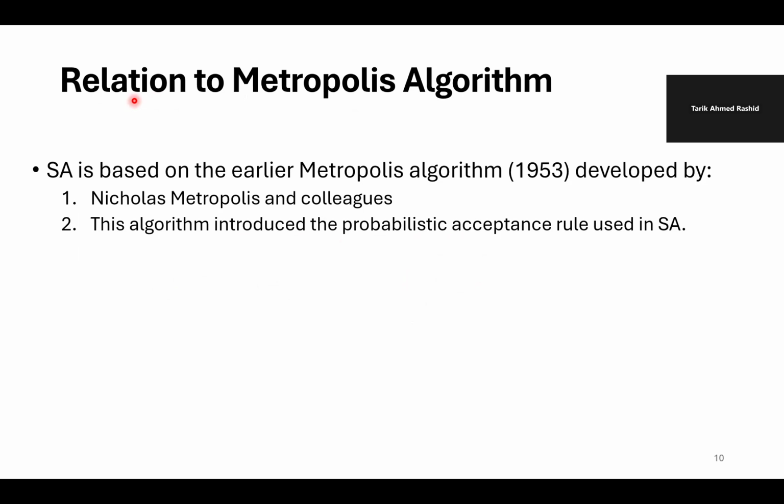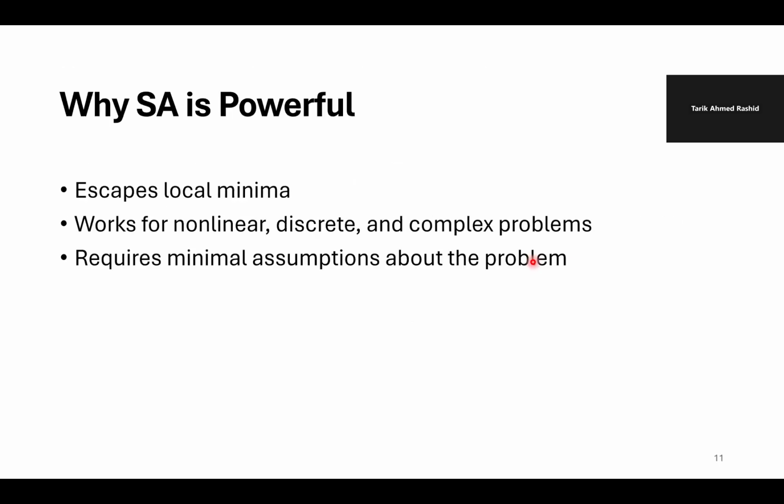Now, relation to the Metropolis algorithm: SA is based on the earlier Metropolis algorithm, which was coined in 1953, developed by Nicholas Metropolis and his colleagues. This algorithm introduced the probabilistic acceptance rule used in simulated annealing.